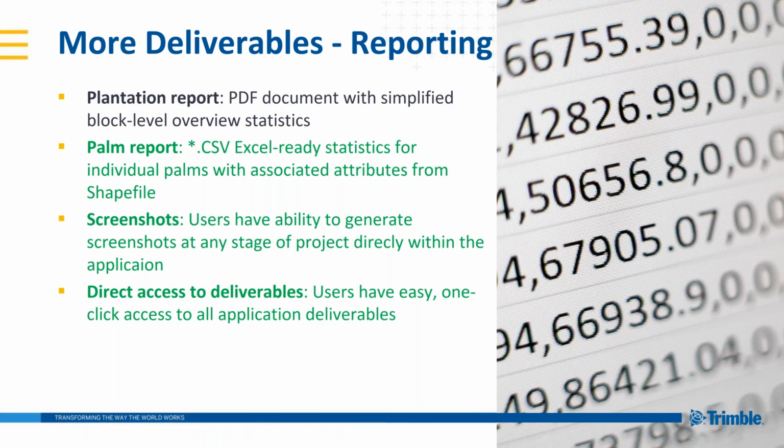This is a CSV file. Every single palm that is detected is listed in the CSV file with the various attributes. So it's the same attributes that would be in the shapefile, only now in a CSV format. This allows you to directly import this into Excel and analyze things in an Excel spreadsheet.